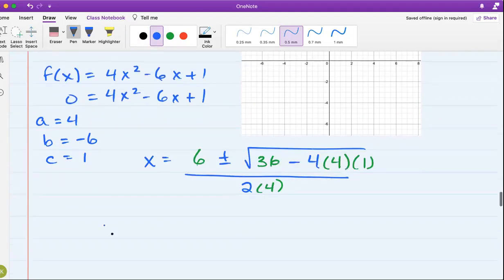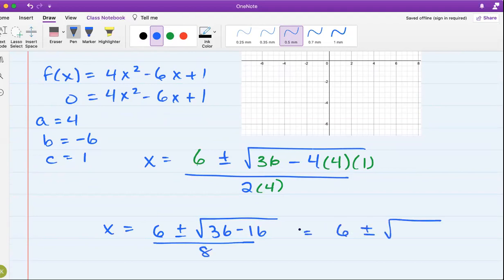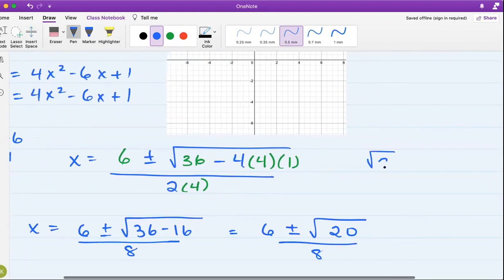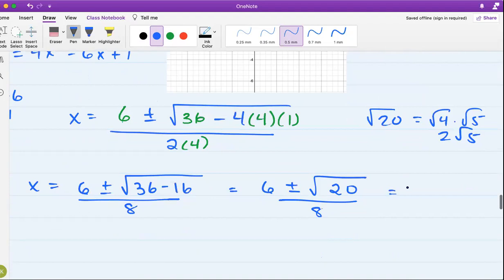Let's simplify this. This is x is equal to 6 plus or minus square root 36 minus 16 over 8, which is 6 plus or minus, this becomes square root 20 over 8. And you should notice that the square root of 20 is the square root of 4 times the square root of 5, which is 2 square root 5. So this is 6 plus or minus 2 root 5 over 8.